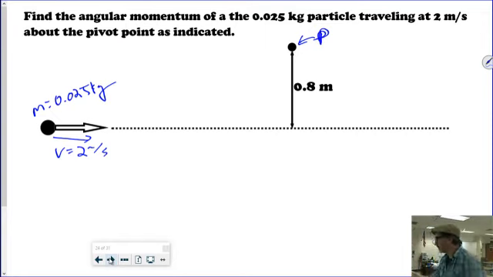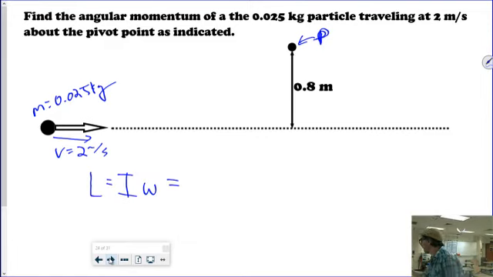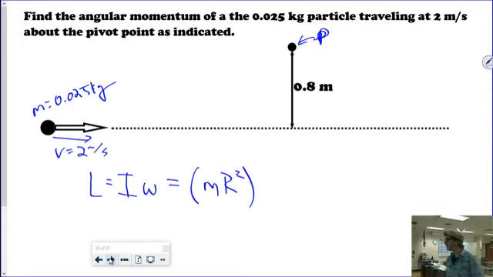So to do that, L is equal to I times omega. Remember, it's a particle, so I for a particle is just mr squared. And it doesn't really have any angular velocity. So what we do is we project, eventually it's going to get over here.